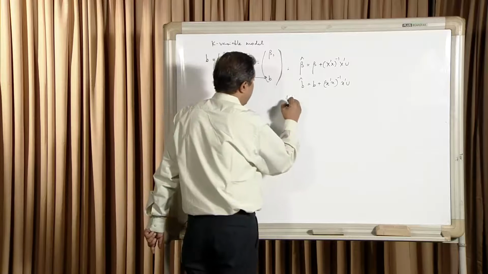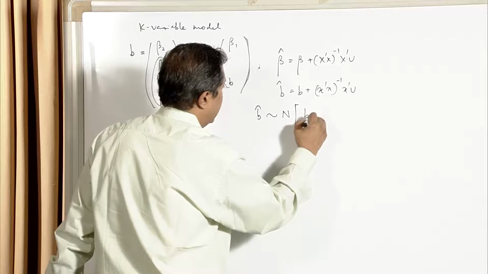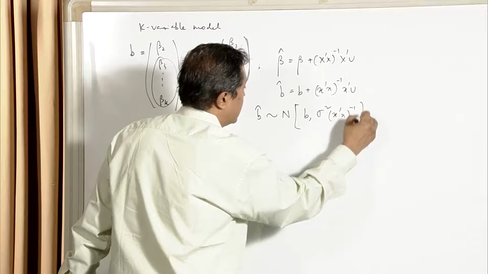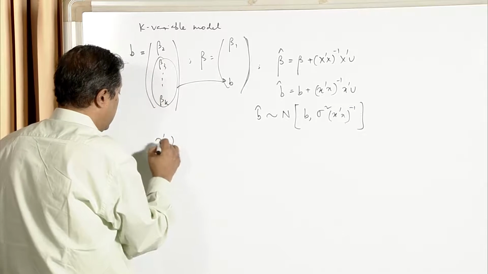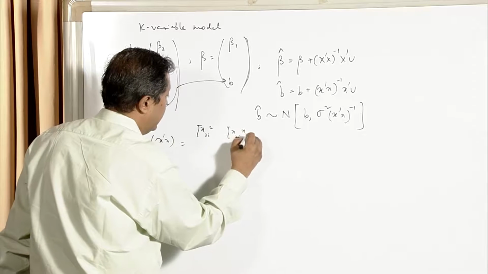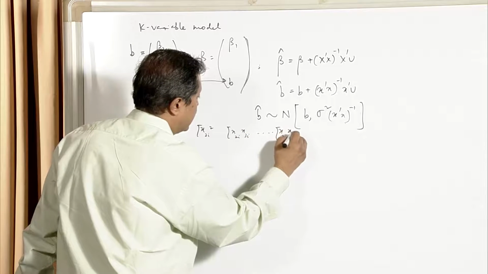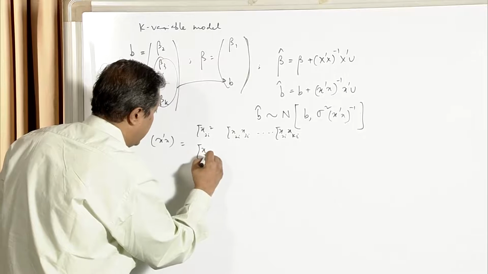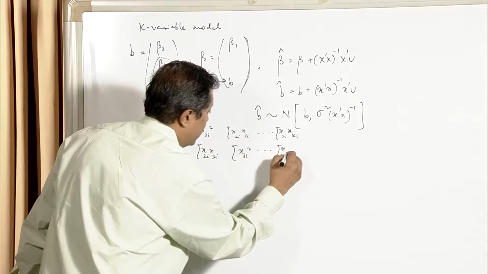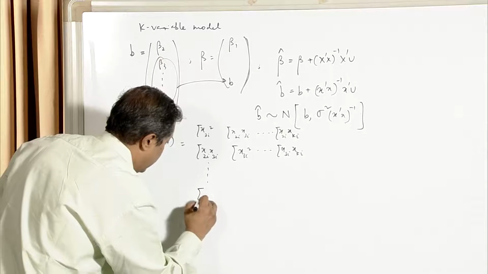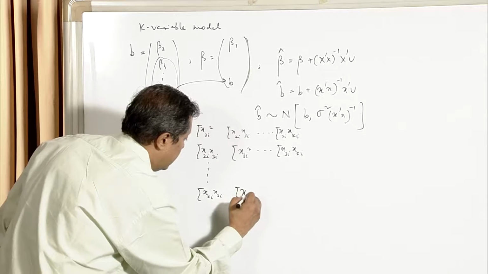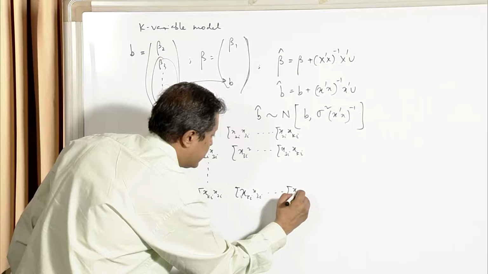As we have already seen, b hat follows a normal with mean b, and we have already seen that the variance of this is sigma square x prime x inverse, where this x prime x will now be the matrix with summation x2i square, x2i x3i up to x2i xki, then x3i x2i, x3i square up to x3i xki, and so on up to xki x2i, xki x3i and finally up to xki square.